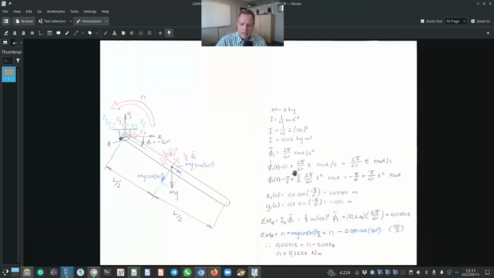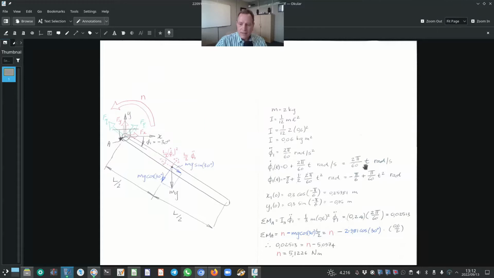So the angular velocity phi 1 dot as a function of time equals 0 plus 2 pi over 60 times t radians per second, and you can eliminate the 2 above the line, so it will be pi over 30 times t radians per second.